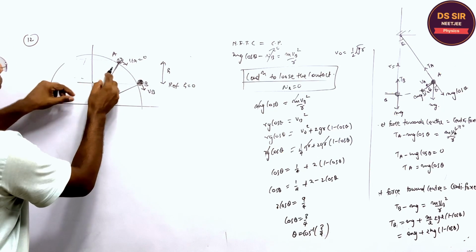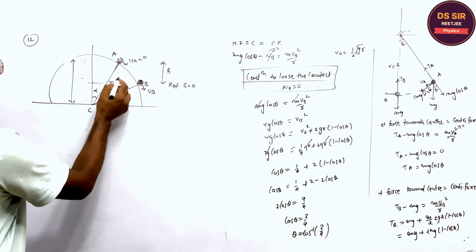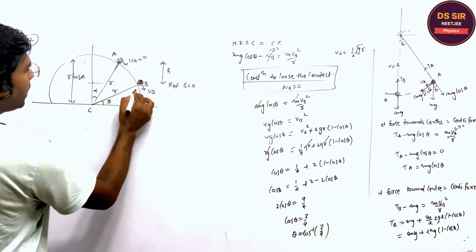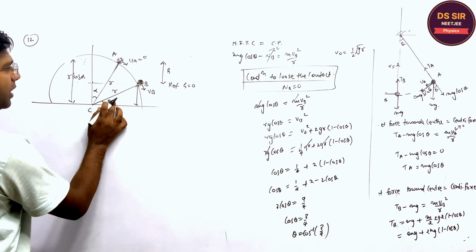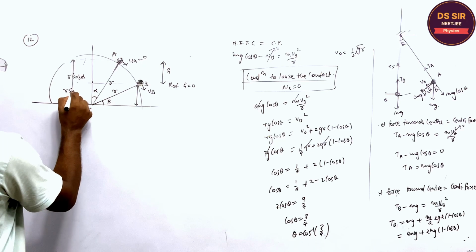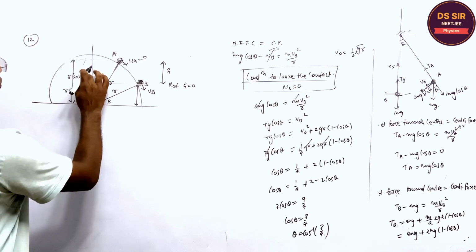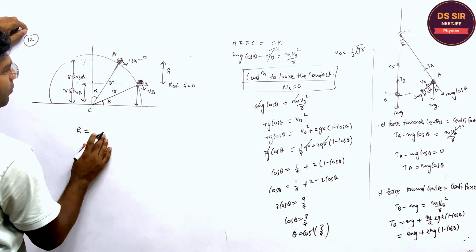If this is r, what is this height? Can you tell? This is alpha. r cos alpha. Very good. If this is r, what is this distance? You tell. r sin beta. This is r sin beta. Right? So, what is the decrement in the height? The h is what?